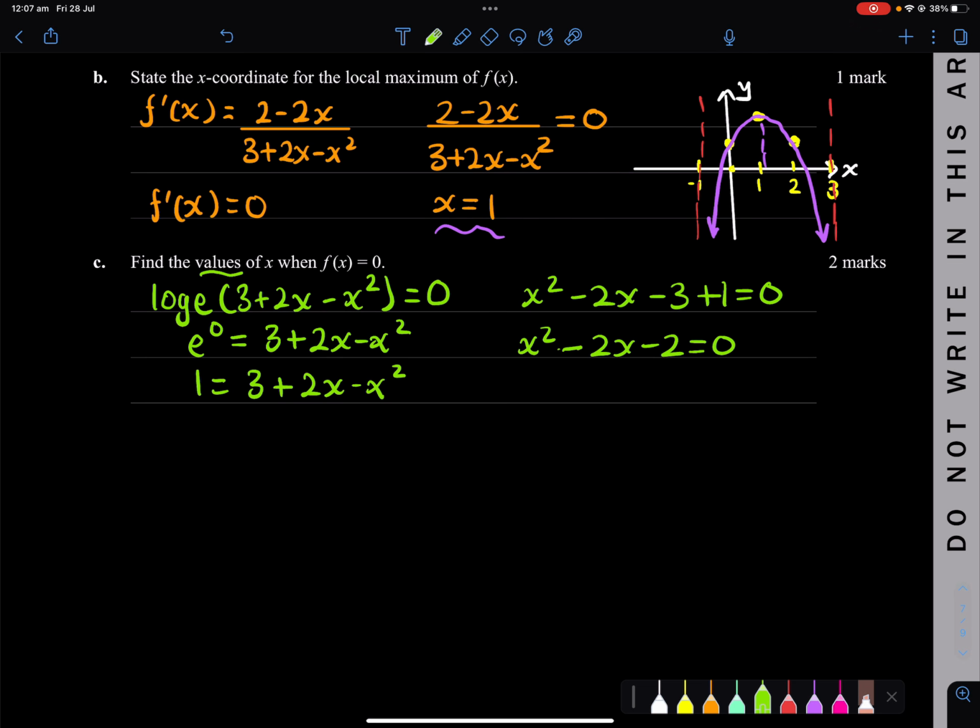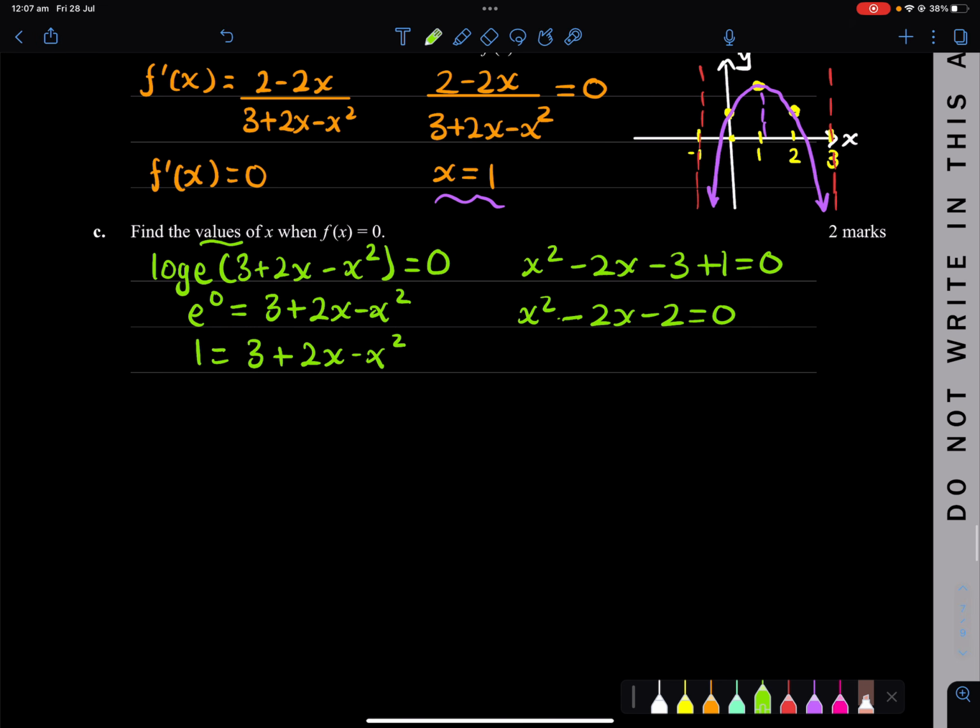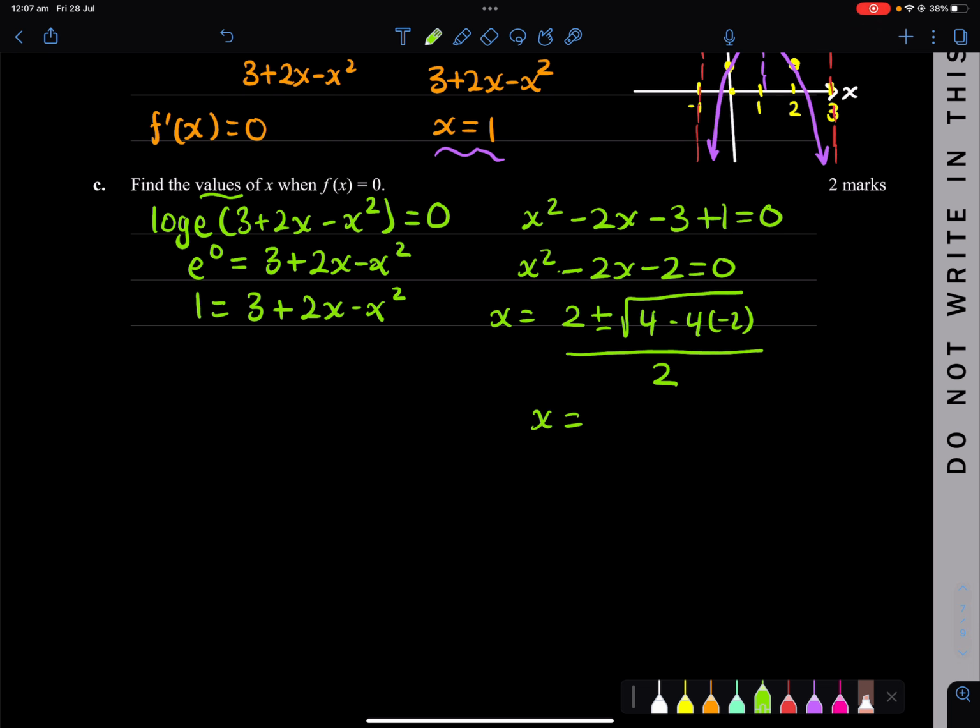I'm just going to use the quadratic formula. So negative b, which is 2, plus or minus root of b squared, which is 4, minus 4ac, which is negative 2, all over 2. So your x value is 2 plus or minus root 12 over 2.